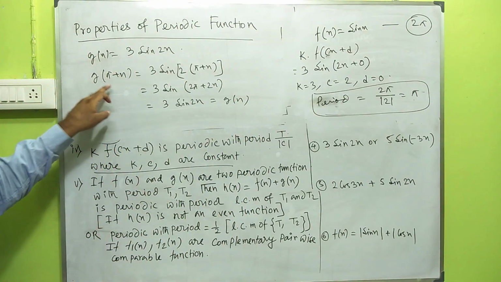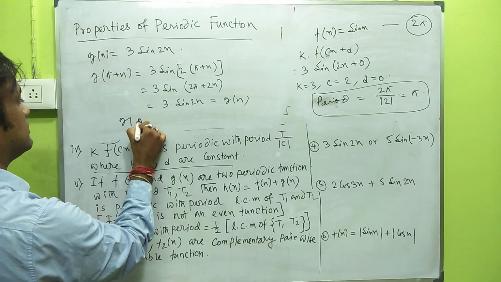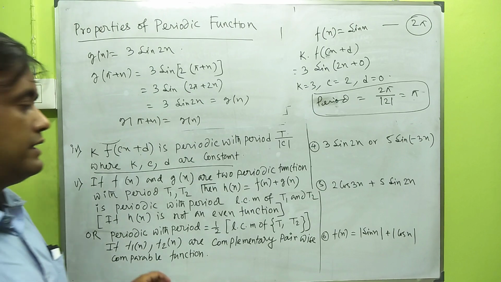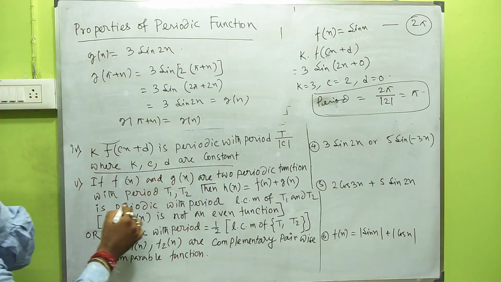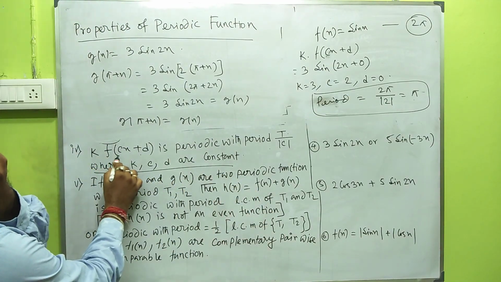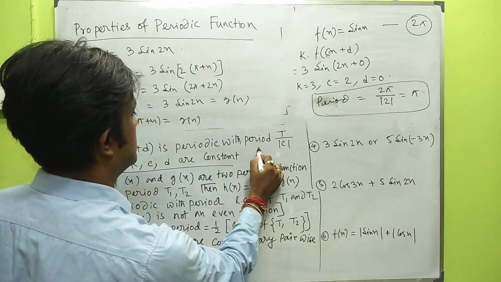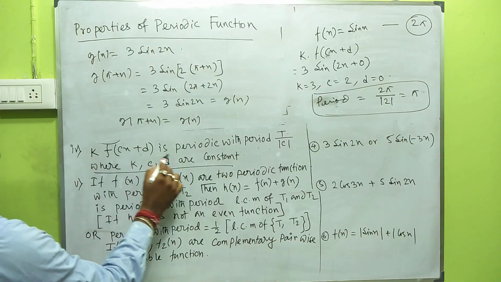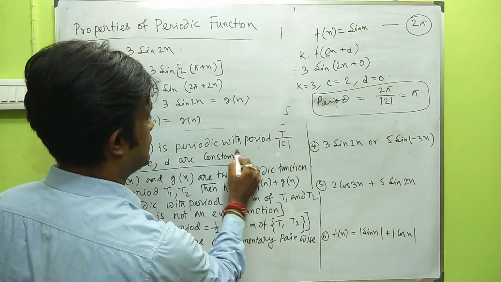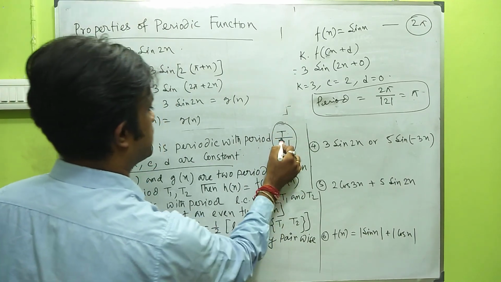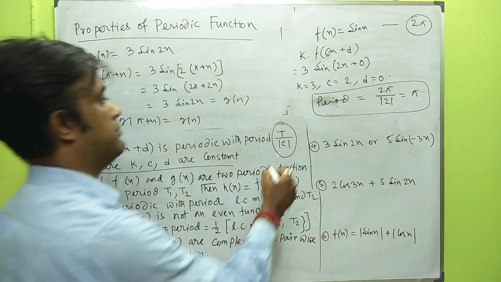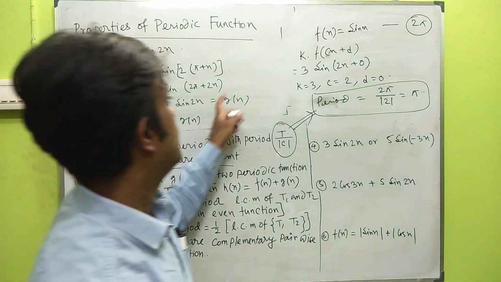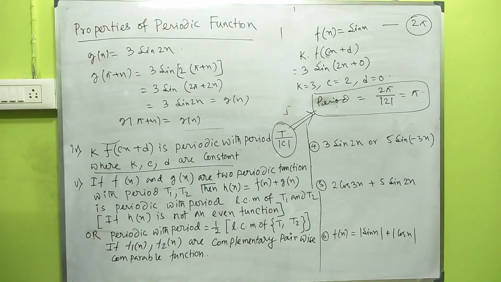So here we see that g of pi plus x is equal to g of x, and this property gives that if k f of cx plus d is a periodic function, k into f of cx plus d will be a periodic function of period t by mod c. So here we see this rule is obviously applied in this case.